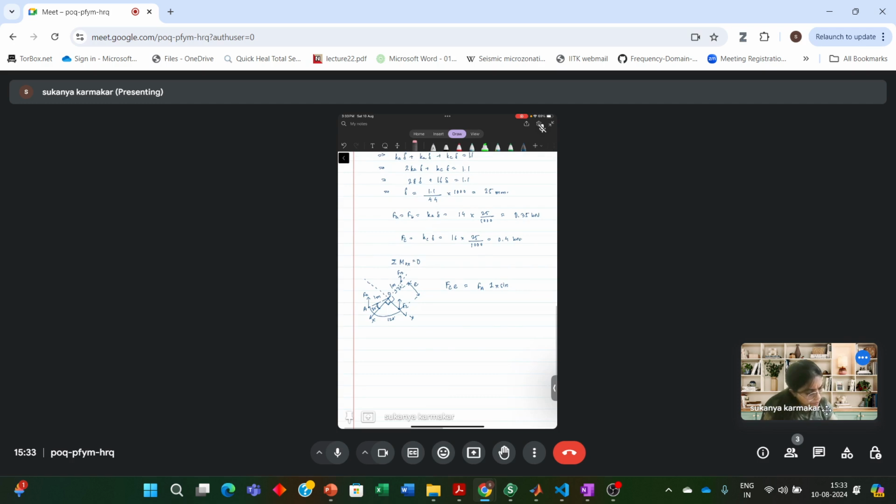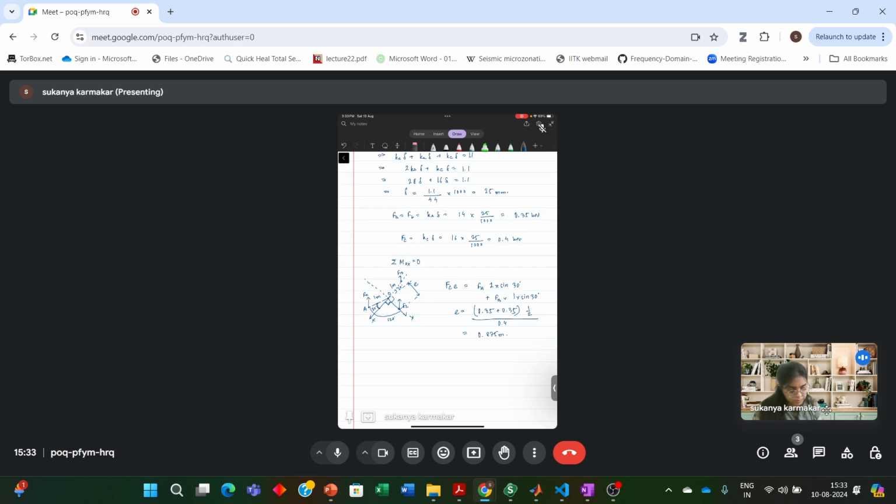Similarly, FB is also at a distance of 1 into sine 30. So from here, FC, we already know. I want to find out E. E is equal to, if you plug in the numbers, FA is 0.35, FB is also 0.35, sine 30 is half, divided by FC is 0.4. So E comes out to be some 0.875 meters.